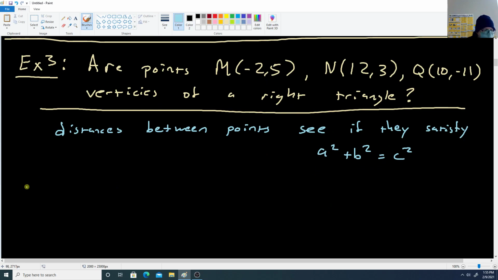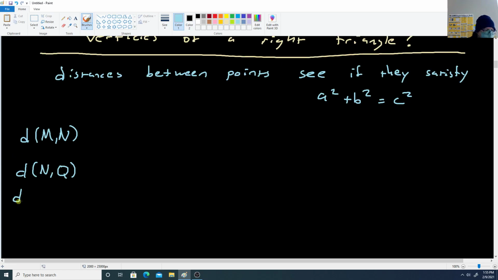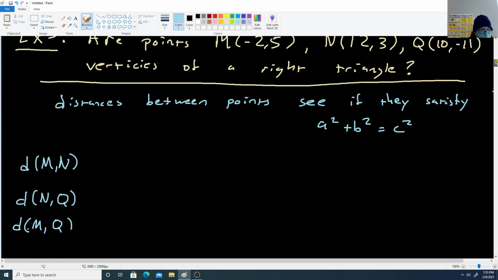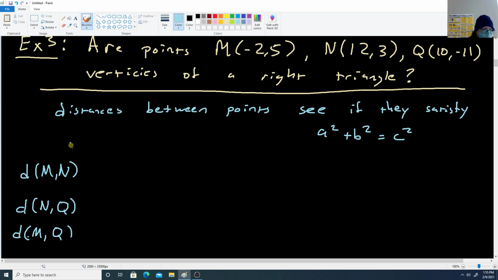I have to find the distance between points M and N, the distance between points N and Q, and the distance between points M and Q. I need to find all of those distances based on what they gave us. So I'm just going to set these all up at once and then go through and solve them, and then we'll see, do the distances satisfy a squared plus b squared equals c squared. So we'll set that up and then see if that works out.